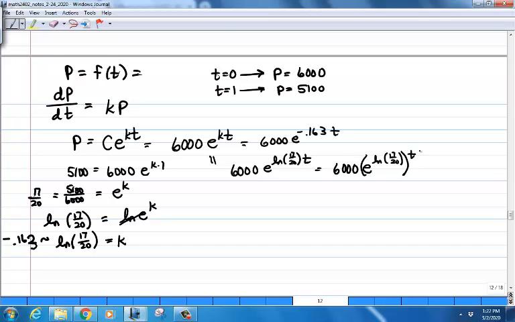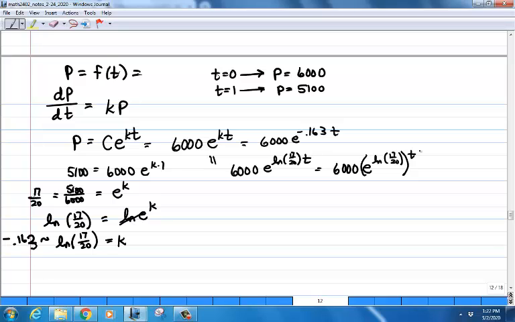Not the 6,000, but the e to the natural log of 17/20 raised to the t power. Why are these two things equal? Well, when you have a power raised to a power, how can you simplify that? What can you do with the exponents here? Yeah, you multiply them. So if you multiply t times natural log of 17/20, you get this.